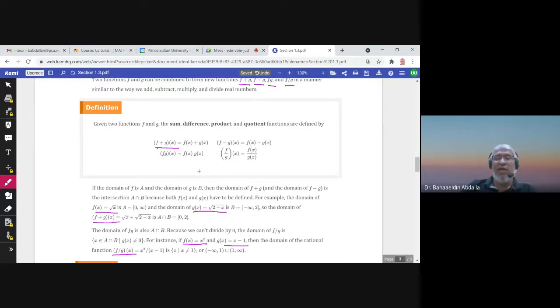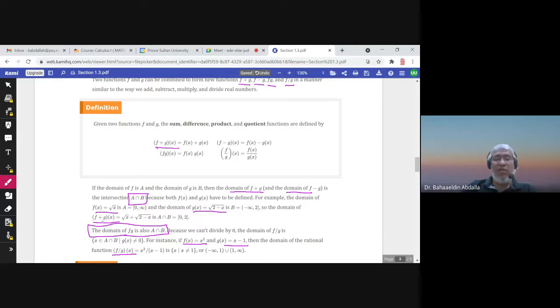Well, it is related to the domain of f and g because we obtained f plus g from f and g. So the domain of f plus g and f minus g and f times g, all of these three, their domain is A intersection B. Okay, why?